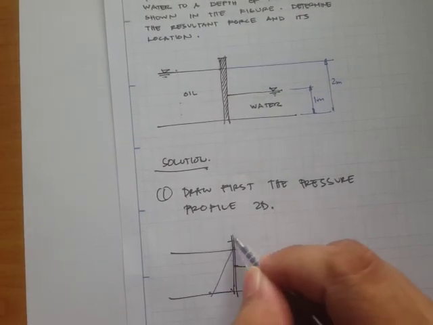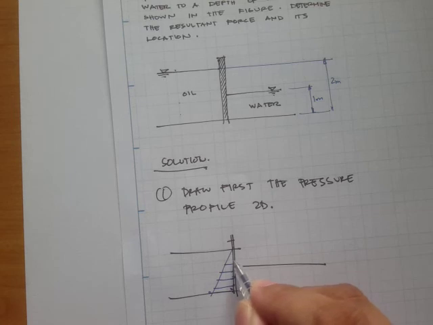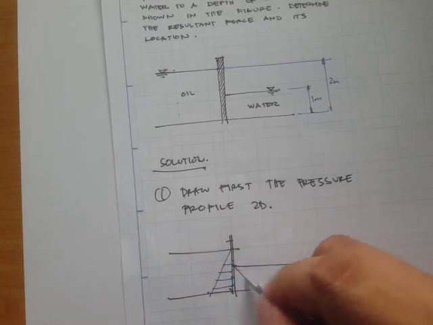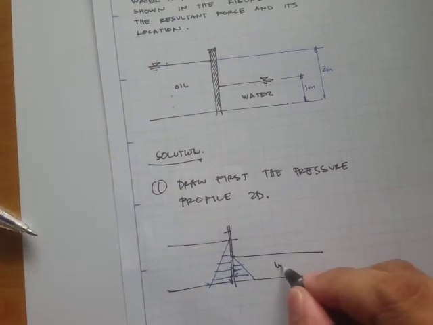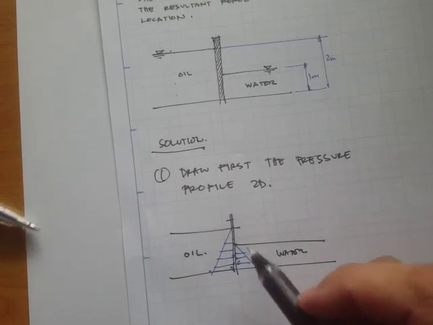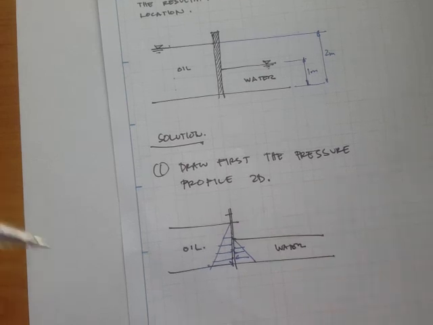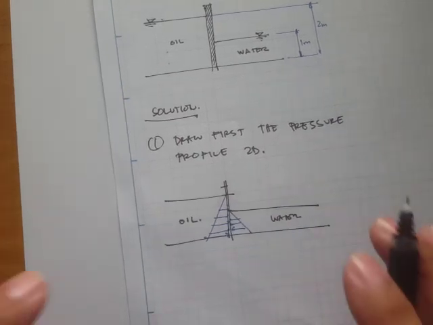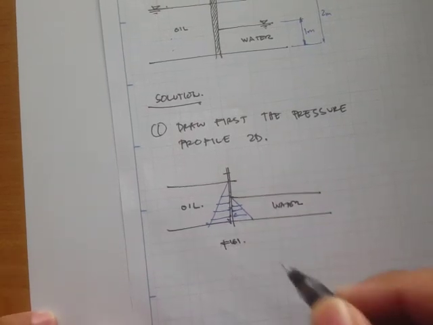Since this is our object of concern, the center plate or the divider, then we have this pressure variation. So this one is water, and then this one is oil, and that just means that they have different slopes for this pressure profile. Let's label this as figure 1.